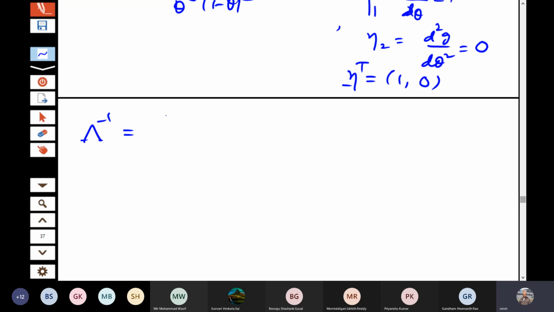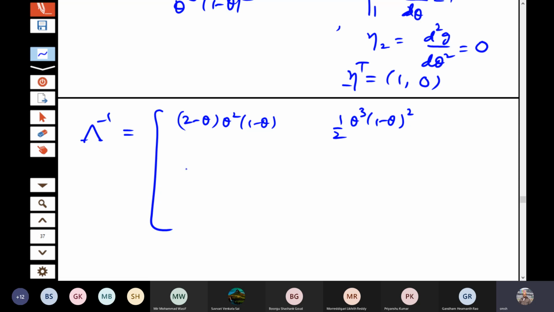So the lambda inverse matrix is, of course from this itself, theta square (1 minus theta) by (2 minus theta), theta cube (1 minus theta) square by 2, and 1 by 4 theta to the power 4 (1 minus theta) square.